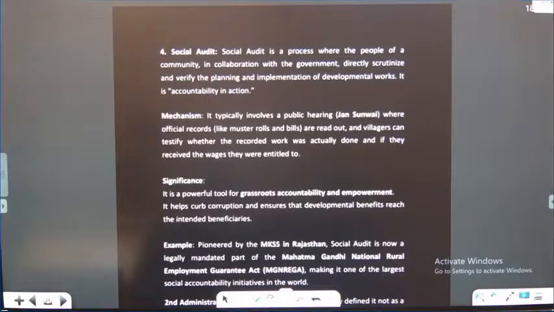So in social audit, the government is doing some form of work. In that work, the government is building some project, road, railway, highway. Now, if the community that is living there wants to know, they use RTI to do a social audit.